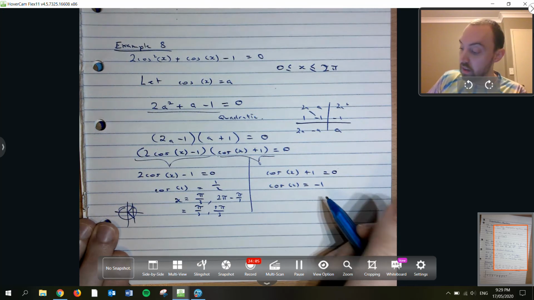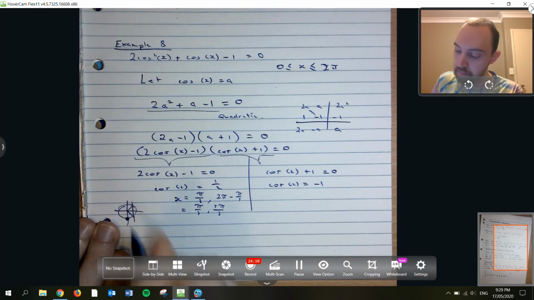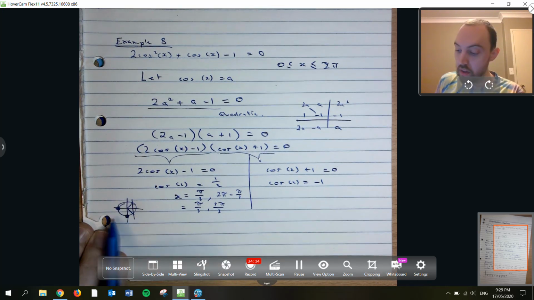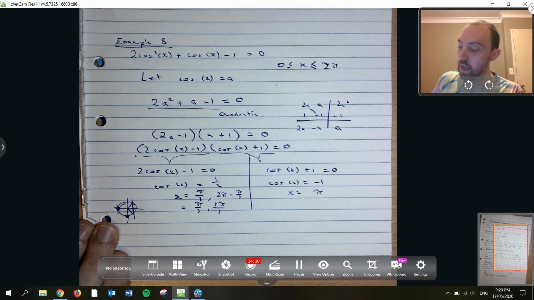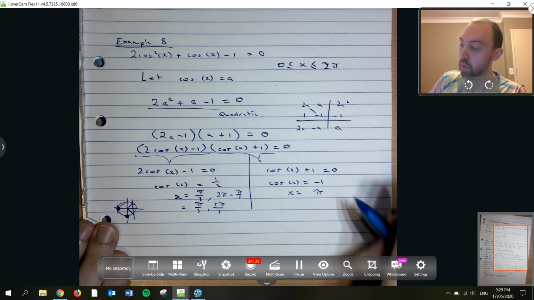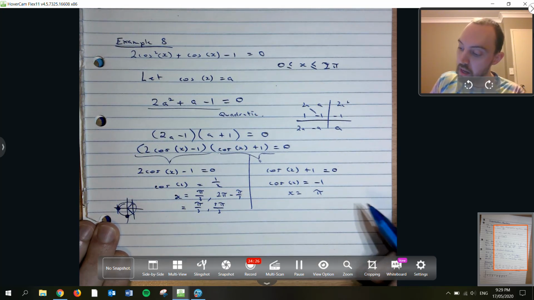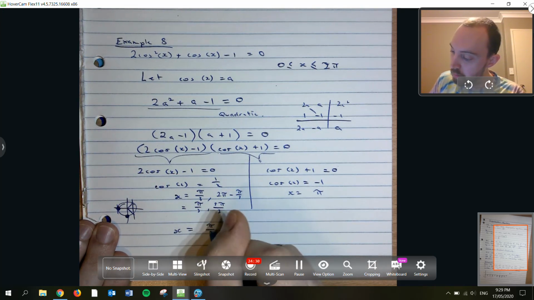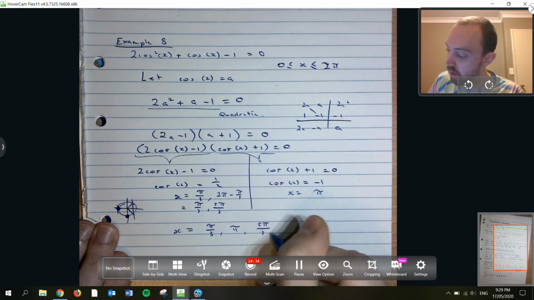And cos of x is equal to -1 over on this side, so pi radians, x is equal to pi. That's probably it within our domain. So all of our solutions are pi on 3, pi, and 5 pi on 3.